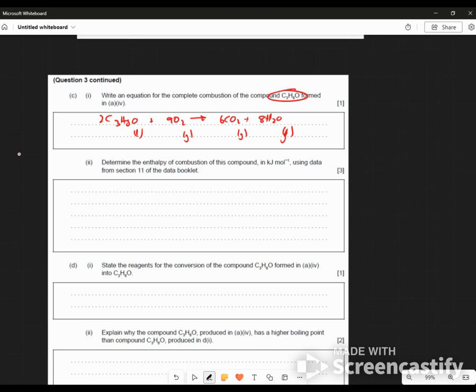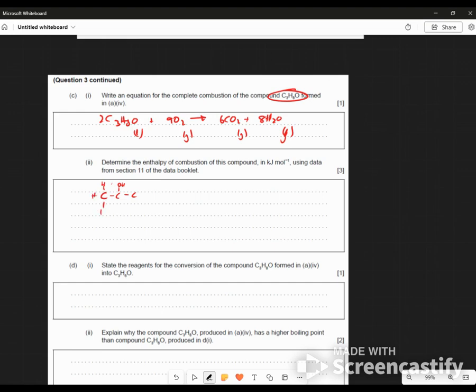Determine the enthalpy of combustion using data from section 11. All right, so what we've got to do now is figure out which bonds are broken and which bonds are made. Now, this is tricky, and I think the best way of doing it is drawing the thing out.